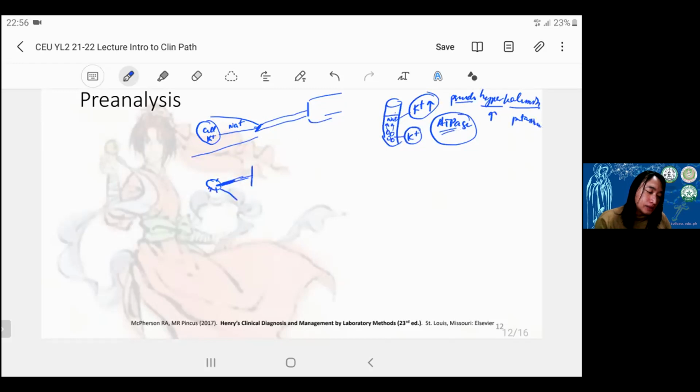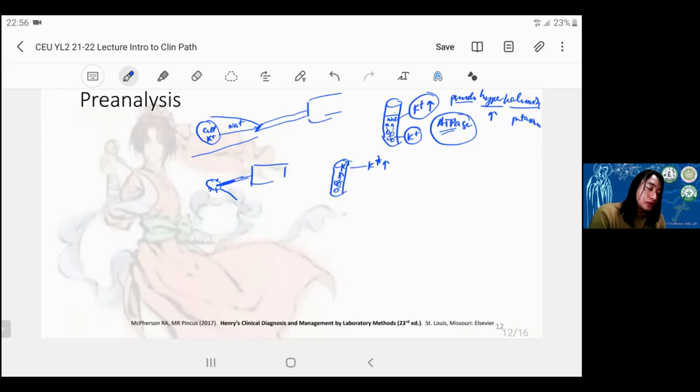Again, once it is extracted and transferred to the tube, you have a compromised cellular membrane, therefore again increasing your potassium falsely. So those are possible sources of error that you need to identify.